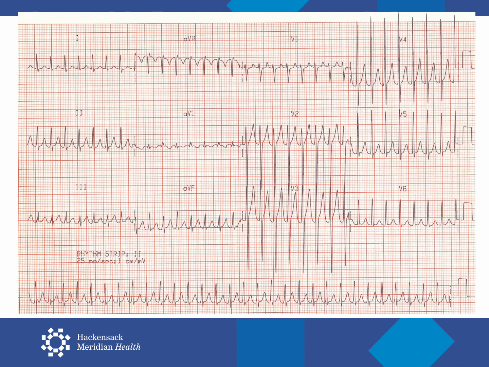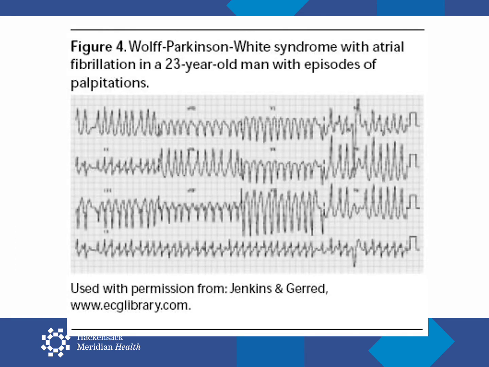This is a narrow complex WPW tachycardia. This is being conducted orthodromically, through the regular AV node. This, however, is a wide complex tachycardia, and this represents atrial fibrillation being conducted down the accessory pathway in a patient with WPW.